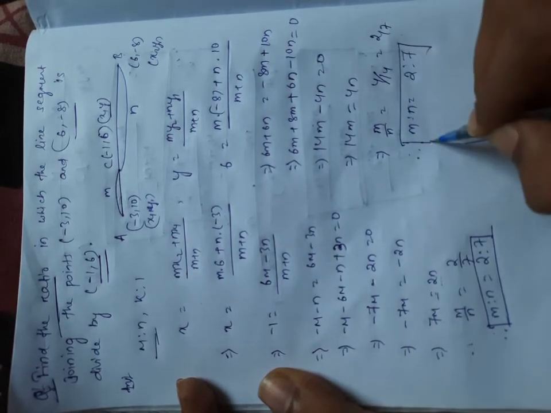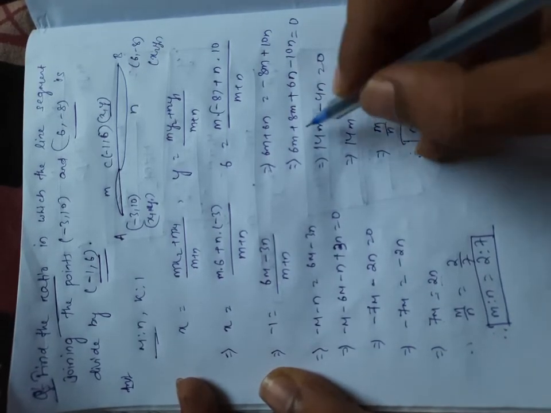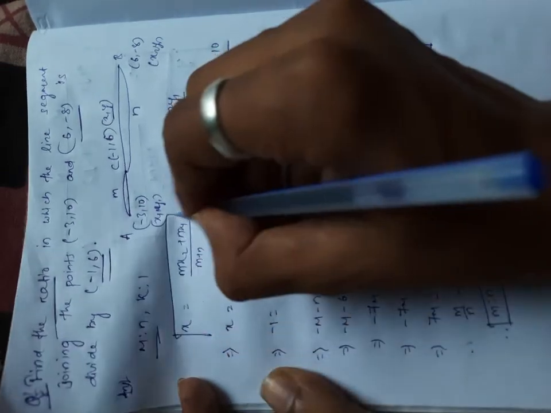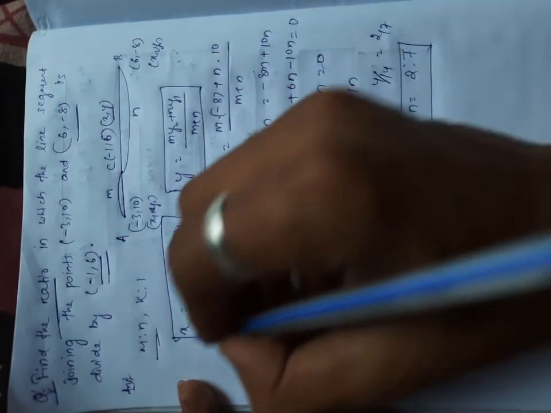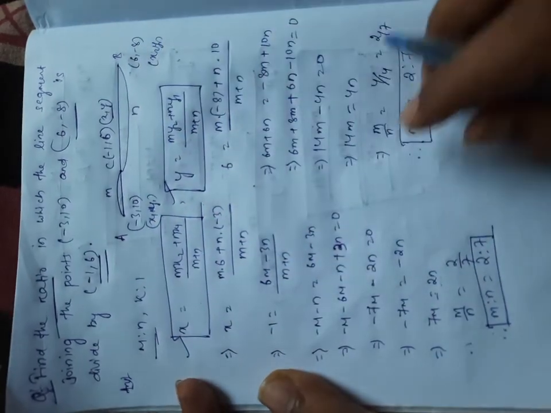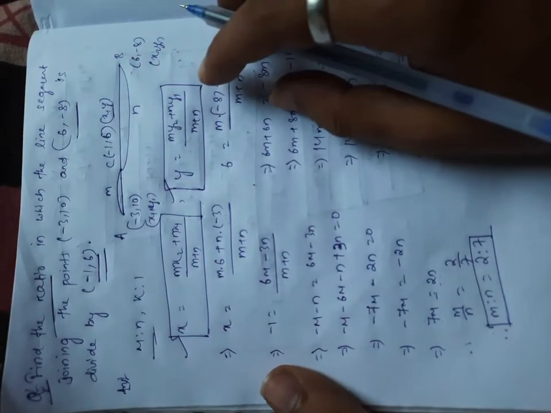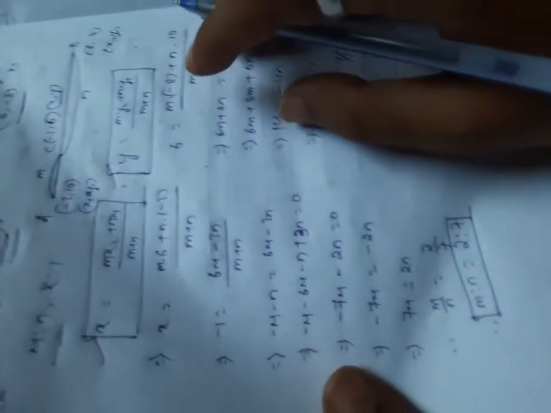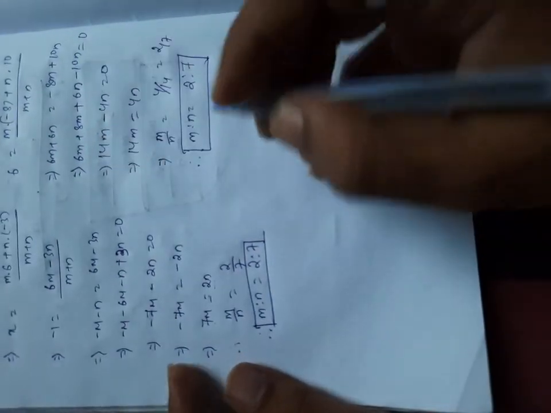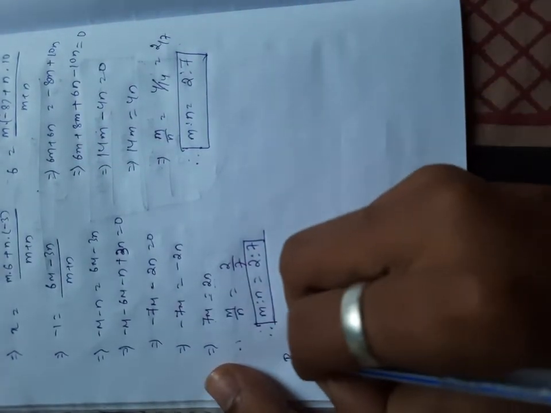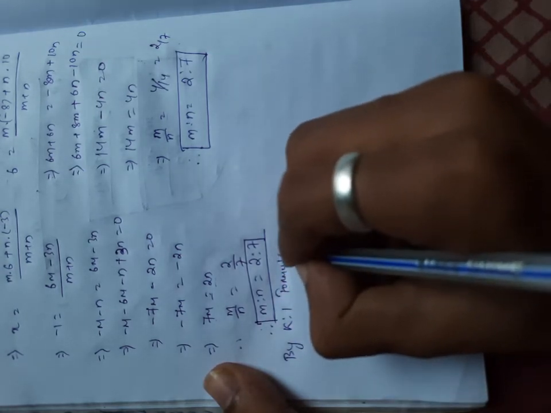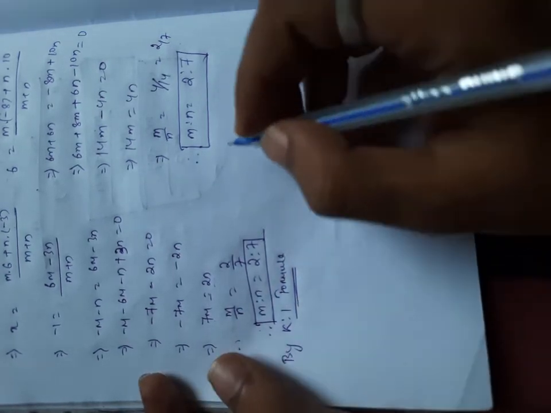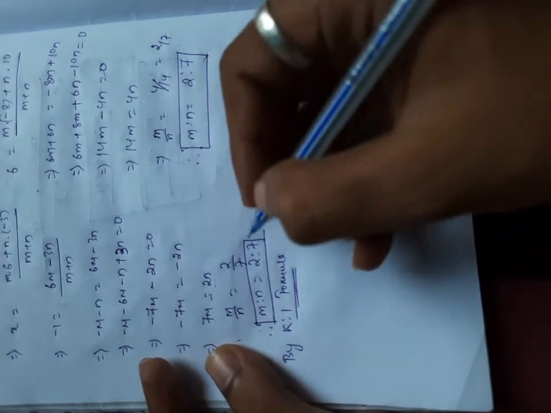So in the exam we have to use any one of the formulas, either x coordinate or y coordinate. This is the method for m is to n. Now we can solve this problem by k is to 1.